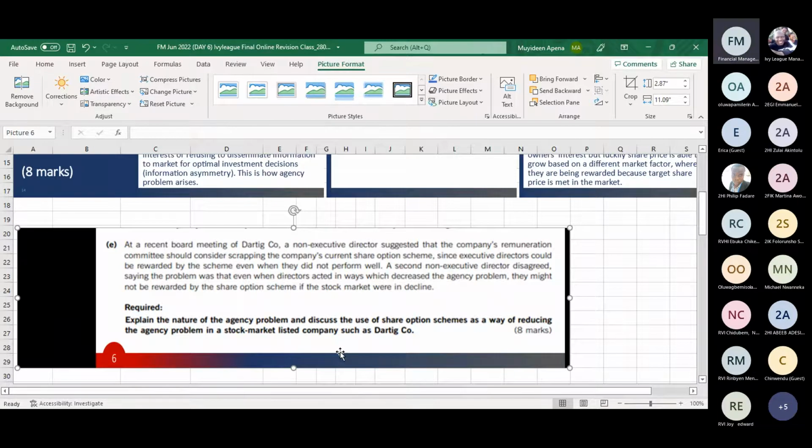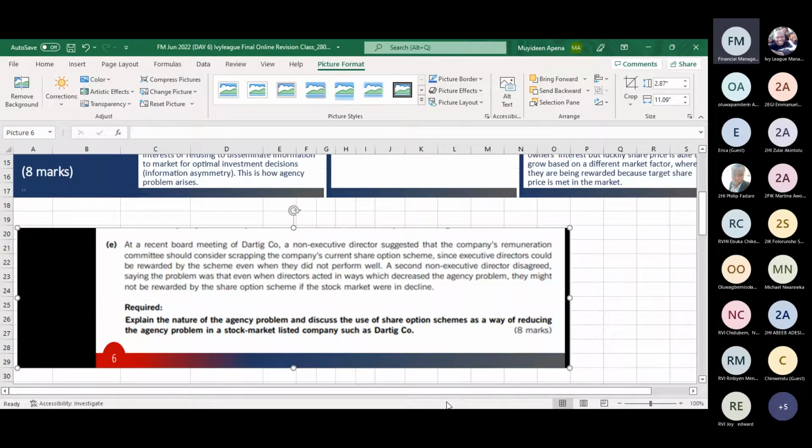A second non-executive director disagreed, saying the problem was that even when directors acted in ways which decreased the agency problem, they might not be rewarded by the share option scheme if the stock market were in decline. These are two views from these two directors.